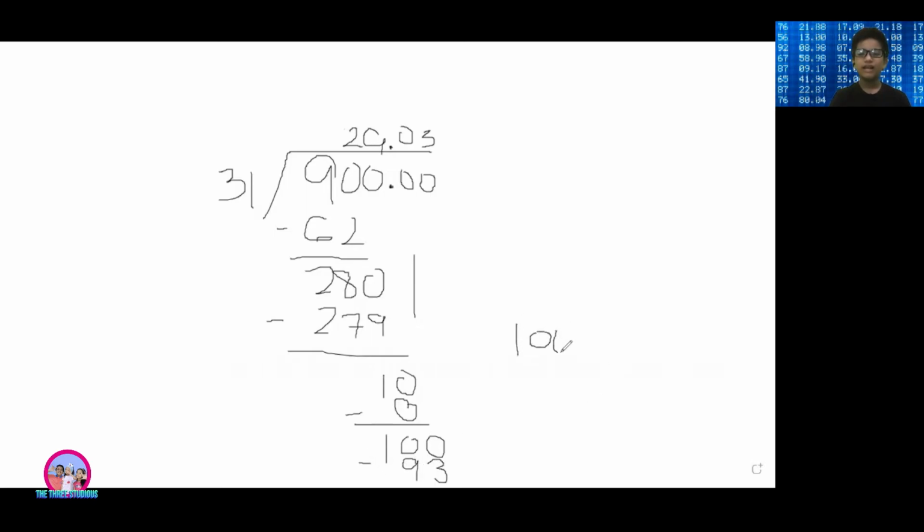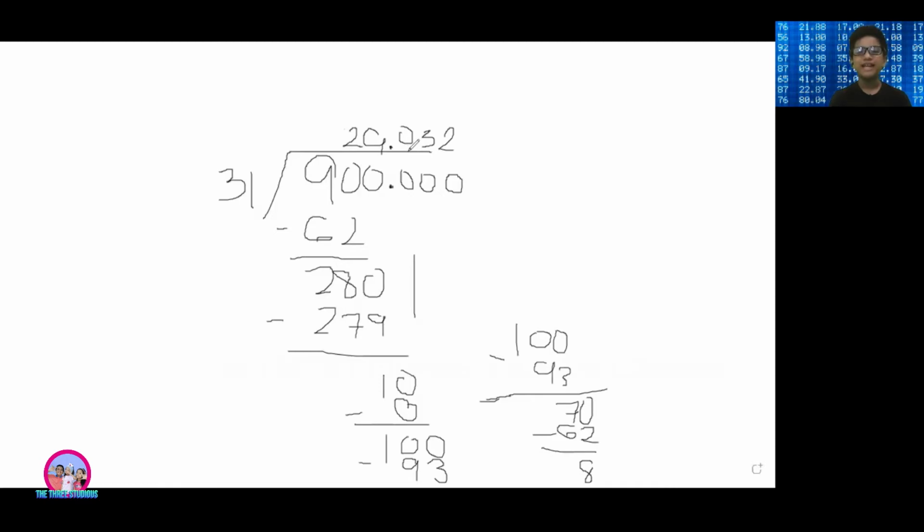So 100 minus 93 will become 7. We need a 0. Put a 0 and bring down. 70 divided by 31 is 2. 2 times 31 is 62. 70 minus 62 is 8.